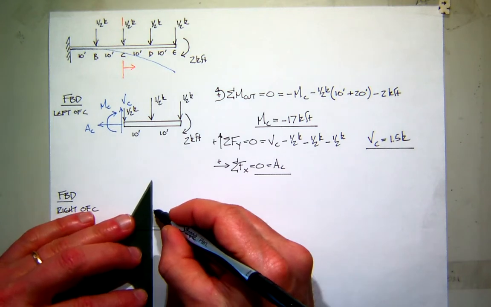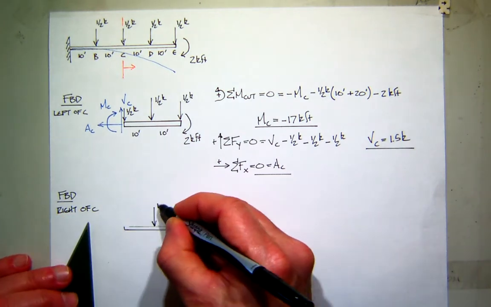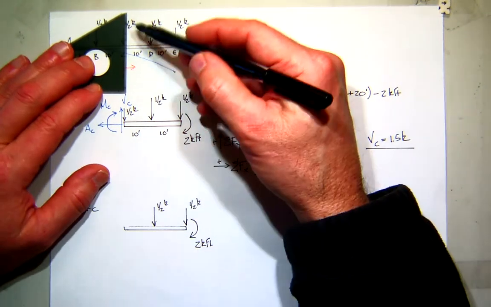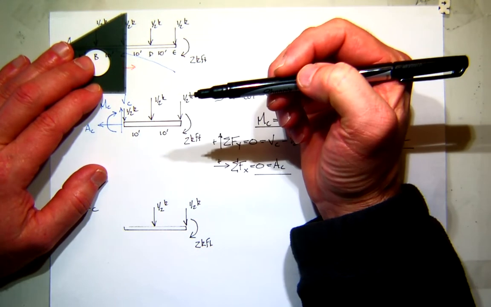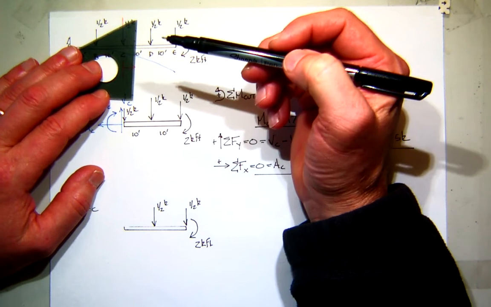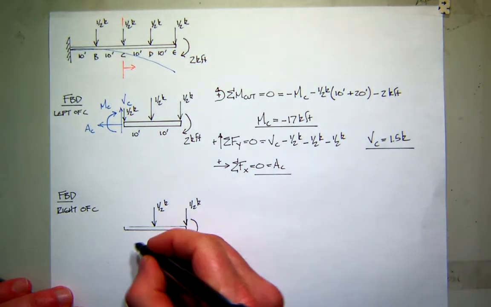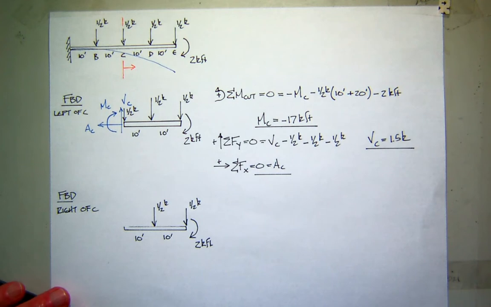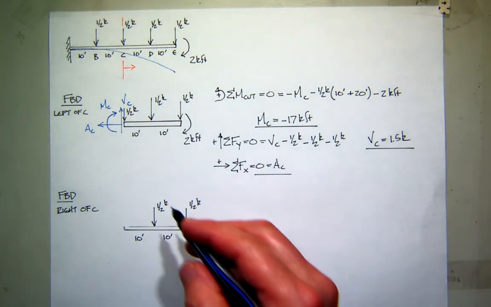I have the load at D, half a kip. But I'm to the right of C now, so I don't have the load at C. Before, when I cut to the left, I could see the load. When I cut to the right, I don't see it. And since these cuts are very, very close, the dimensions are the same.